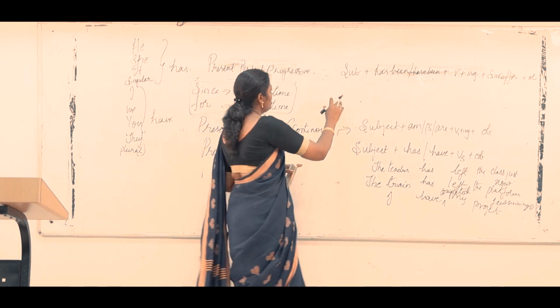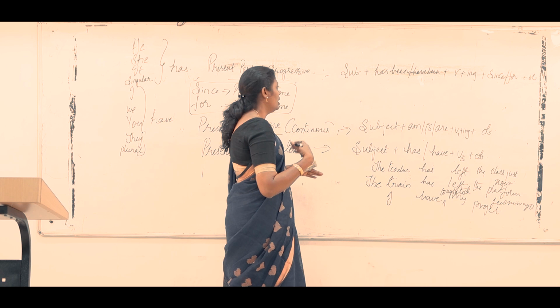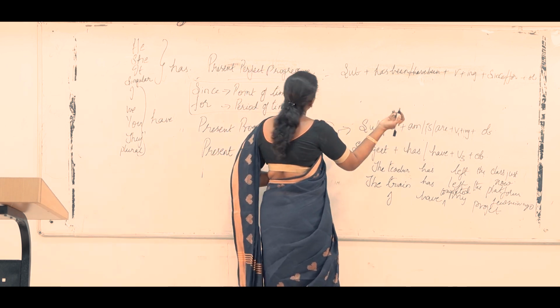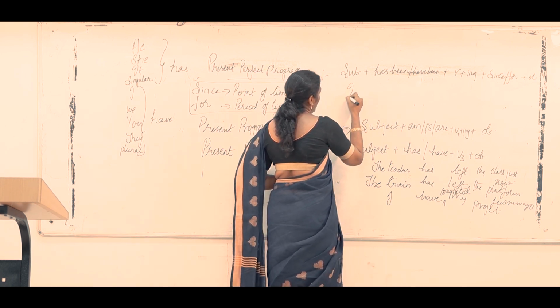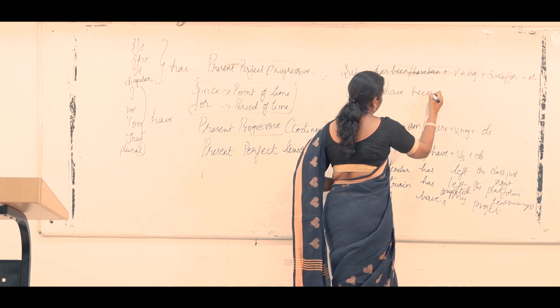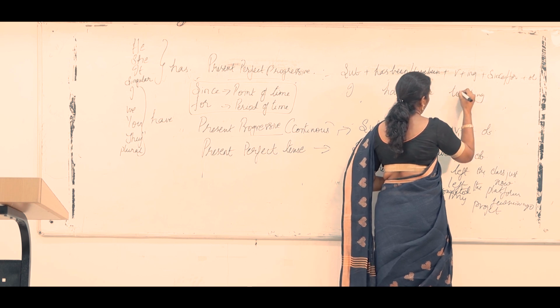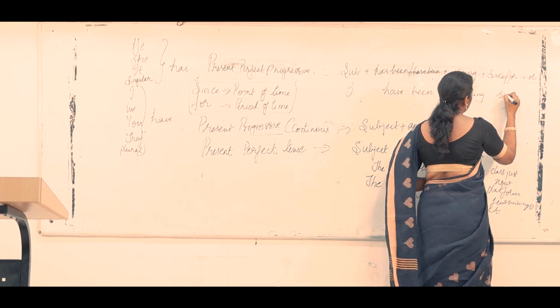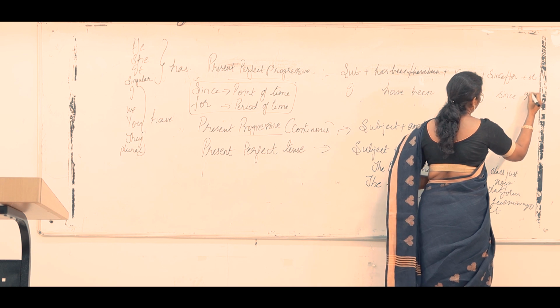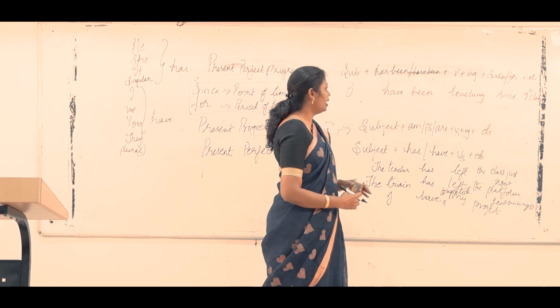Now, when we take this example of present perfect progressive tense, let me quote my example here. I have been teaching since 9 o'clock. So what am I doing here?